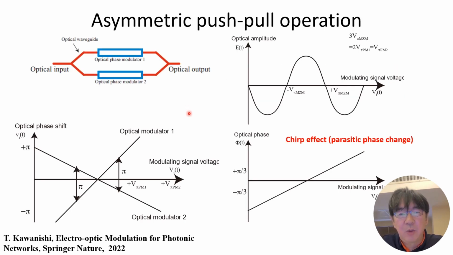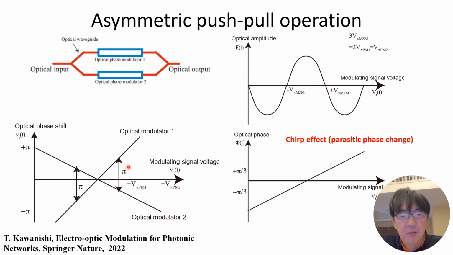Okay, here we talk about the asymmetric push-pull operation. In this case, the modulation efficiency has a difference between modulators 1 and 2. As I mentioned, if we use a Z-cut structure, the modulation efficiency would have some asymmetry. In this case, the modulator 1 efficiency is larger than in modulator 2.